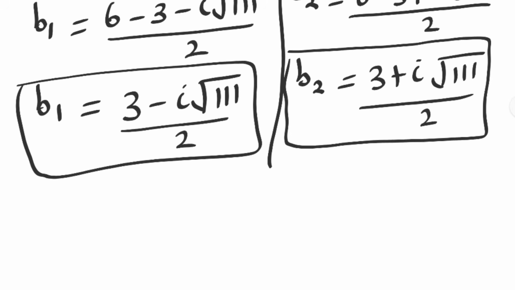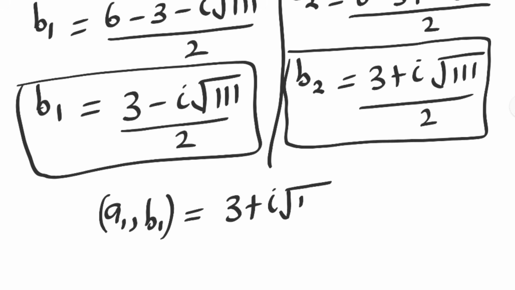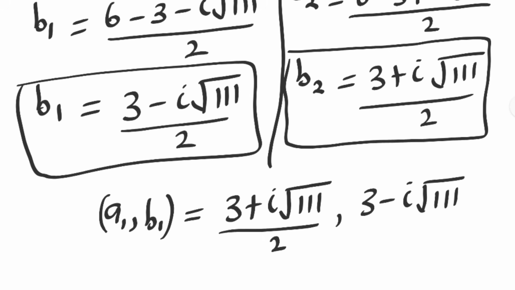Therefore, our final answers are a1, b1 is equal to 3 plus i square root of 111 over 2, 3 minus i square root of 111 over 2.